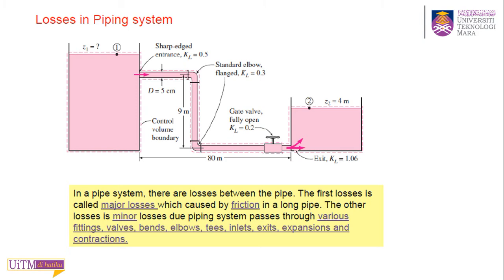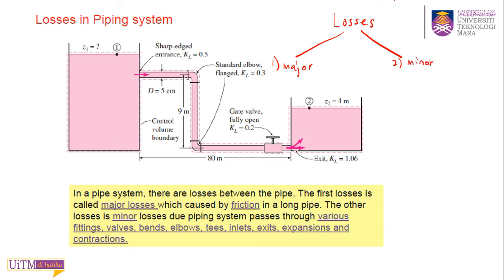Okay, so basically there are two losses in a piping system. Ada two losses. I draw it for you. One is what we call the major losses, and the second one is minor losses.